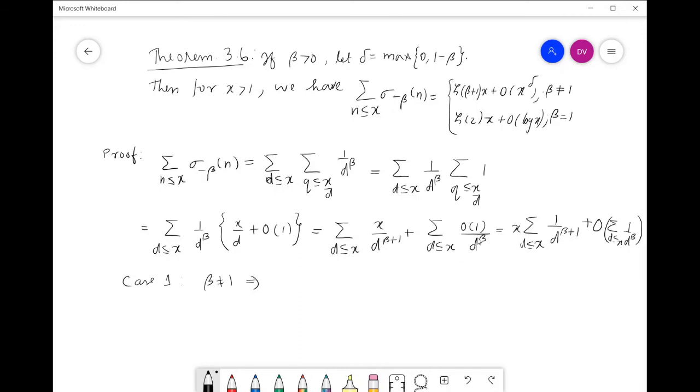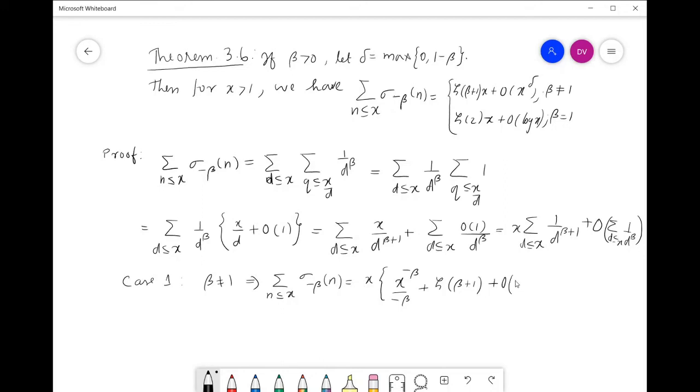The LHS from the previous expression can be written as, so this is nothing but sigma n less than or equal to x of sigma minus beta of n equal to, we can rewrite this as x times, using again the asymptotic formula, x raised to minus beta divided by minus beta plus zeta of beta plus 1, plus O of x raised to minus beta minus 1.